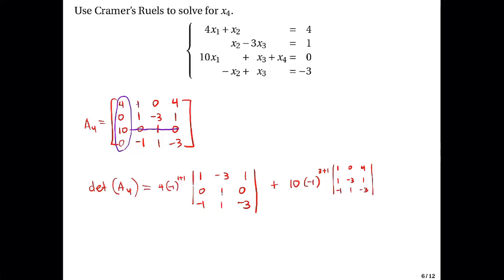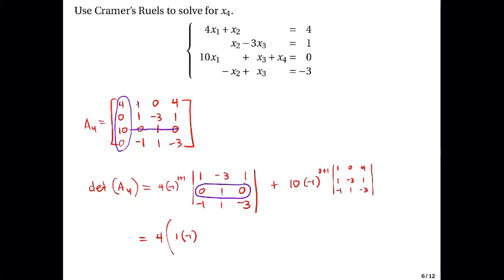For this guy here, we'll do again cofactor expansion. I'll do the expansion along this second row. Okay? So if we do that, this is still equal to 4. Negative 1 raised to 1 plus 1, that's positive 1. And then here, this is the entry. So we have 1 times negative 1 raised to. What is the entry?